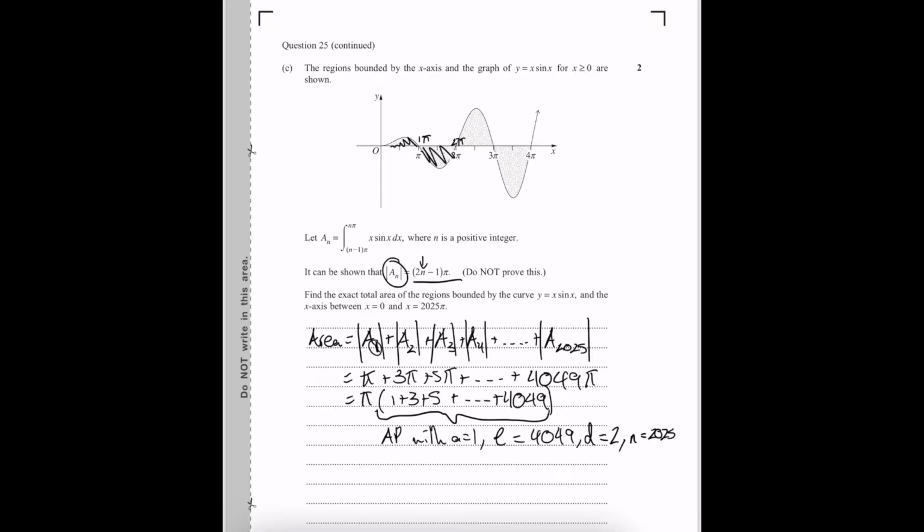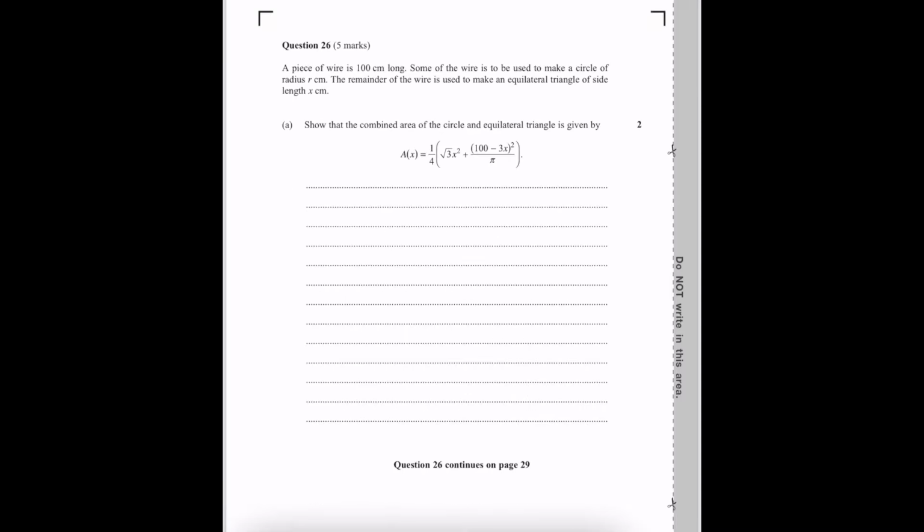And what we should also know is that if we want to figure out the sum of an AP and we have the first and the last numbers, it's the number of terms, 2025, divided by 2, multiplied by the first number, 1, plus the last number, 4049. And plug this into a calculator, and we get 4,100,625 pi units squared.